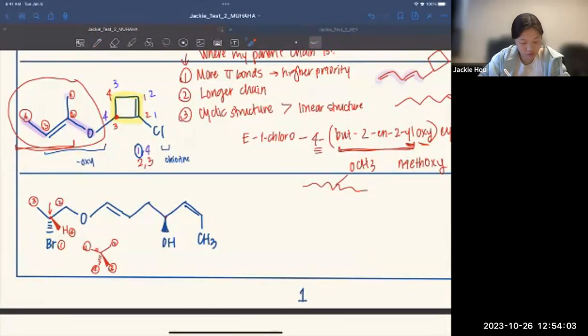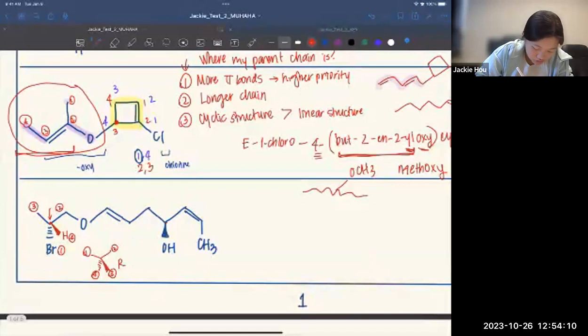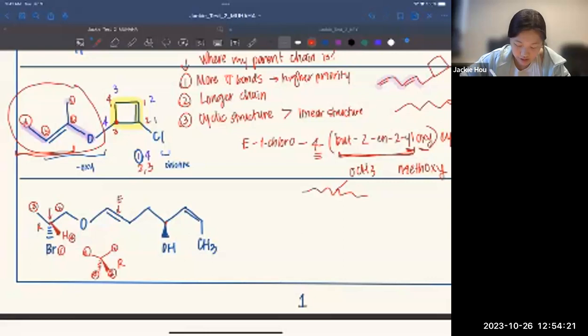So this is going to be 1, 2, and 3, which is all R. And then this alkene over here, I noticed that it's going to be trans, right? So that's going to be E. And then this one over here, because there's 2 hydrogens over here, I know it's going to be cis, so it's going to be Z.